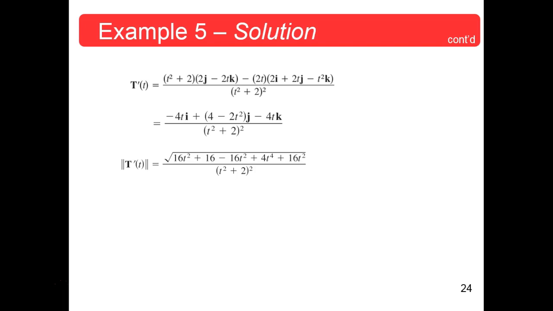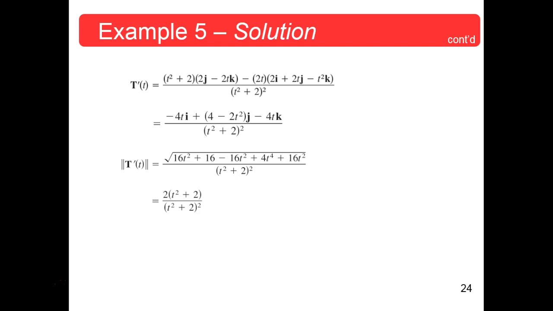So you got 16 plus 16t squared plus 4t to the fourth, and that's under a square root, and then factor out the 4 from that, which when it comes outside the radical is a 2, and what you have left is just t squared plus 2. We did it before. Now you got one of these up here, 2 of them down here, so this is 2 over t squared plus 2.